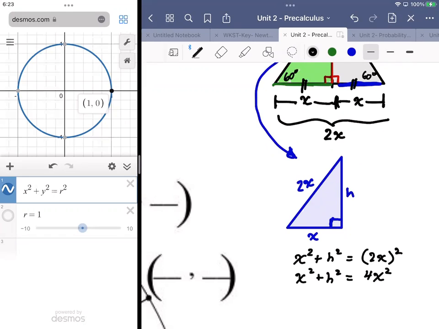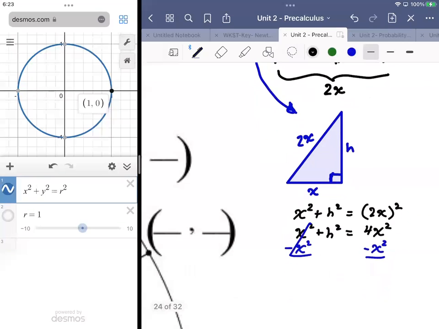I can subtract off the x squared from both sides because it's a like term. And I get h squared is equal to 3x squared.